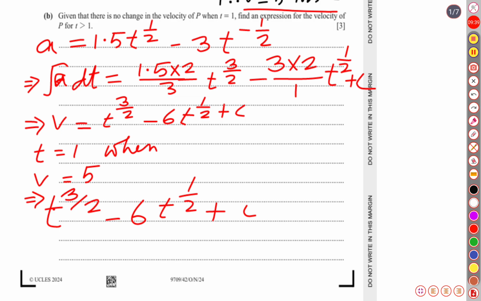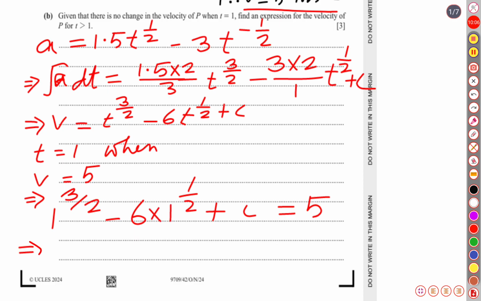I think we can write it directly instead of t, because we have already written t equal to 1. So let us write here 1 instead of t. So 1 raised to this into 1 raised to this.